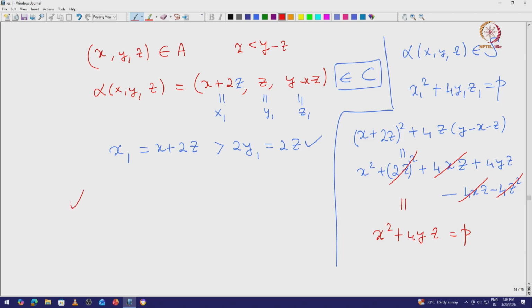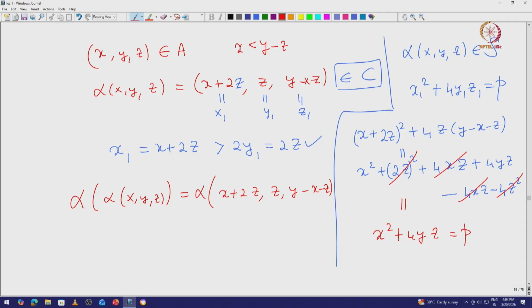So, now what happens to alpha of alpha x y z? So, let us compute this. This is going to be alpha of this x1, which is x plus 2z, z, y minus x minus z.